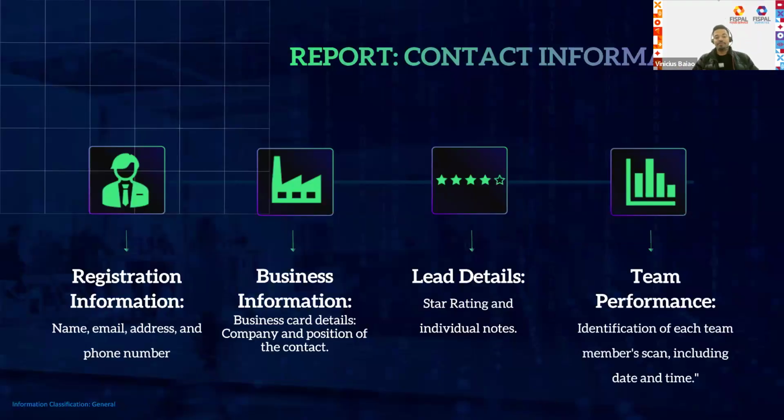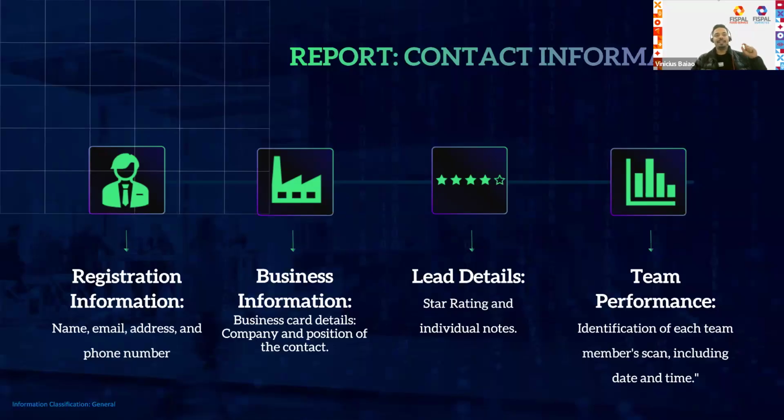You have the registration information: name, email address, phone number. You have the business information: the company and the position. You have the lead details, so which score you gave them. If you add some notes, an observation note, it's going to appear in the Excel spreadsheet as well.